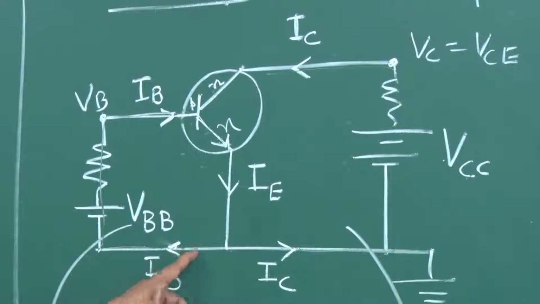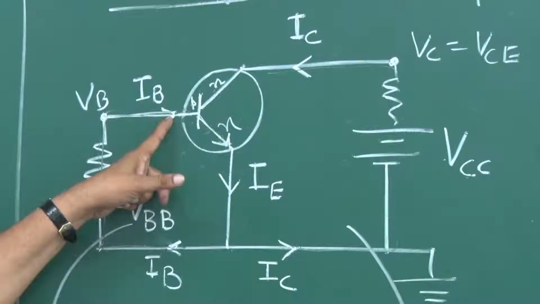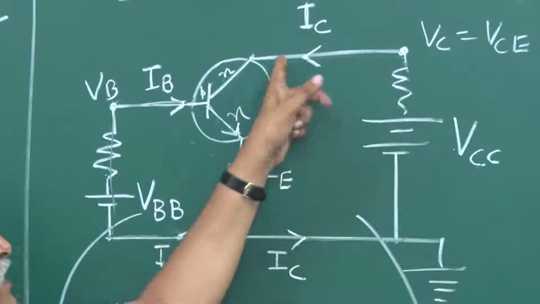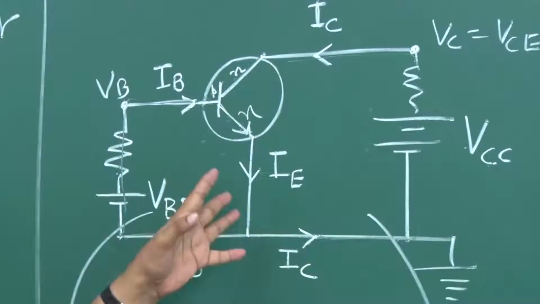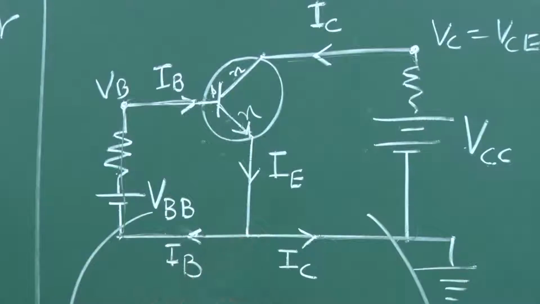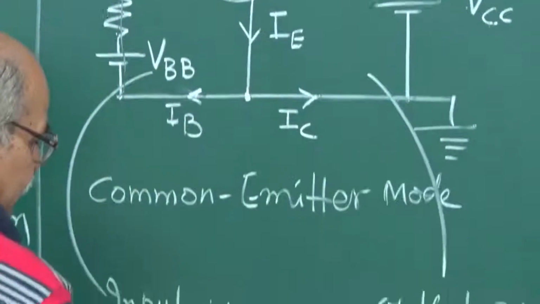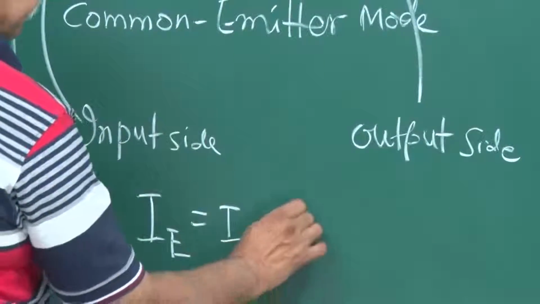The current which goes in this direction, that only goes through this and then reaches here. Similarly, the current which goes like this, that only goes and reaches here. You can apply Kirchhoff's junction rule at this point, and you can see that IE is equal to IB plus IC.